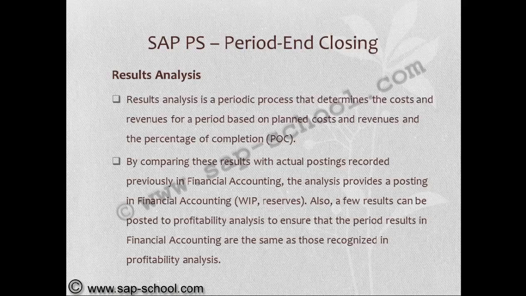By comparing these results with actual postings recorded previously in financial accounting, the analysis provides a posting in financial accounting for work in progress and reserves. Also, the results can be posted to profitability analysis to ensure that the period results in financial accounting are the same as those recognized in profitability analysis.